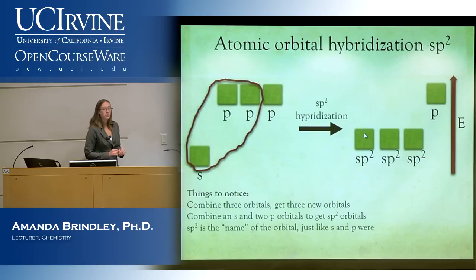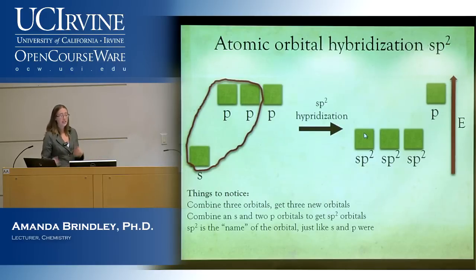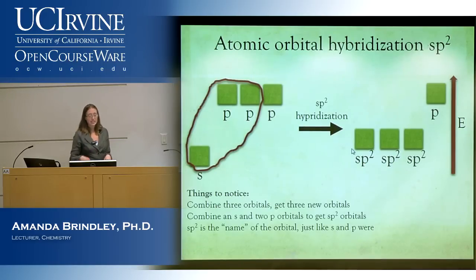Great question. So what do we think? Is sp2 going to have a higher energy than an sp orbital? Yeah, so good. Because you're now combining two higher level energy orbitals with this lower level energy orbital. And so on average, if you're talking same energy shells and everything like that, the sp2 are going to be a little bit higher in energy.